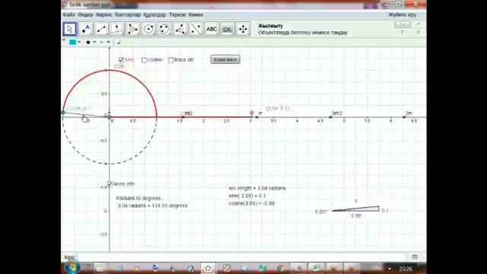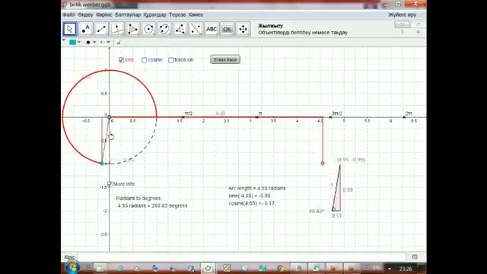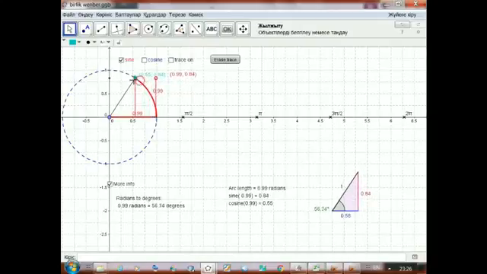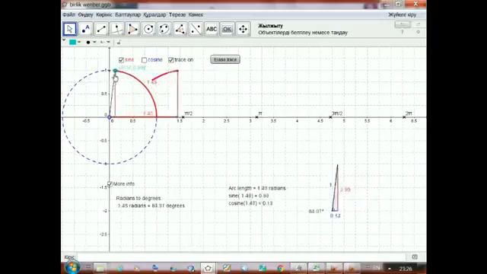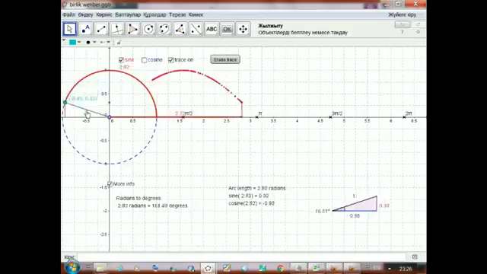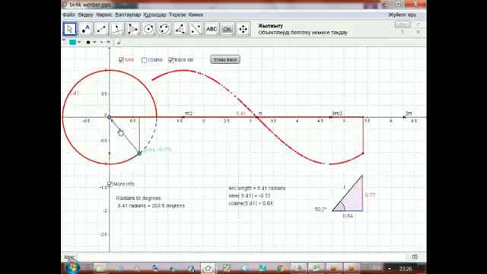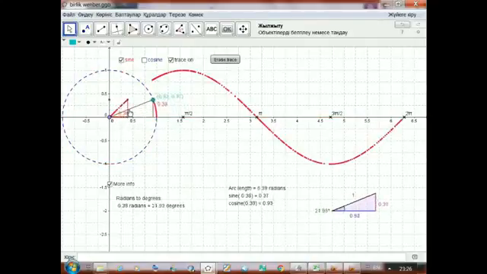Now it's positive. After that it's negative. Here it's positive again. Now if we trace, as you see, if we increase this angle, we will get the graph of the sine function.